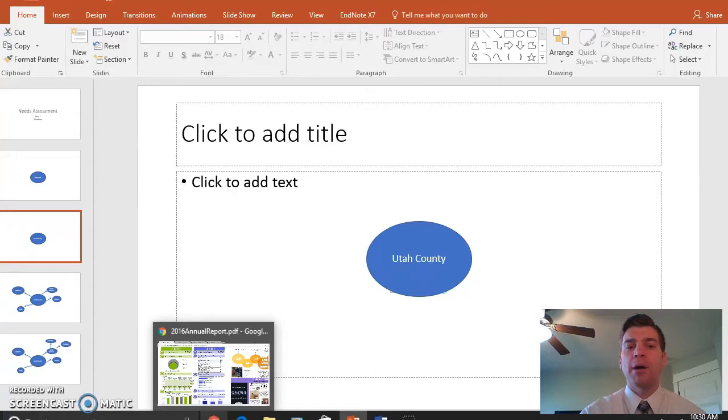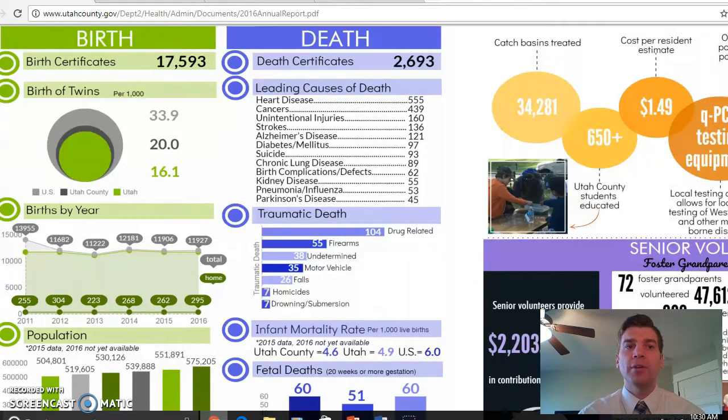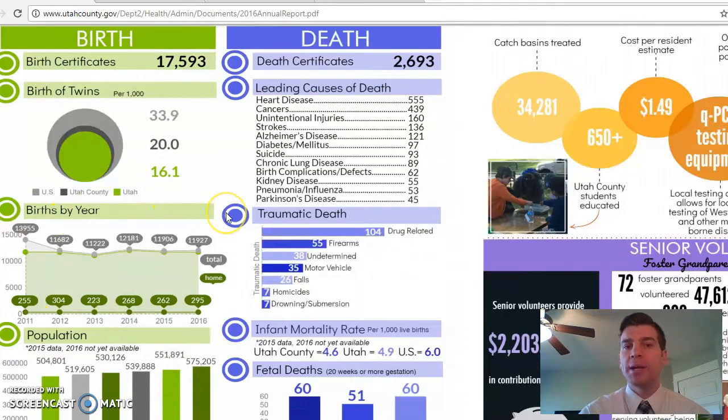But then what you're going to do is find some research indicating what the problems are within that population. So for example, I went to the Utah County Health Department, found their annual report from 2016. I wasn't very impressed with it, but I found some information still, right? So there are 2,700 deaths in Utah County in 2016, and this is a list of all the leading causes and the numbers.